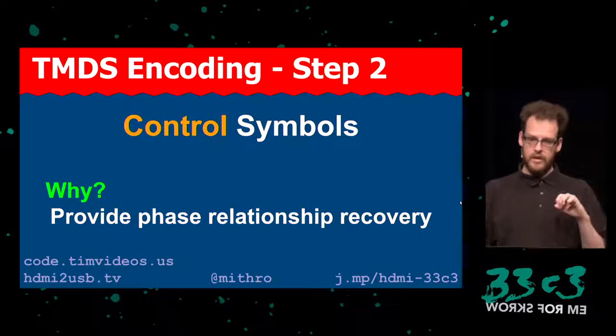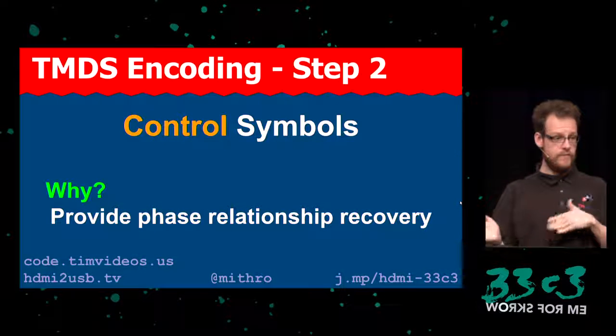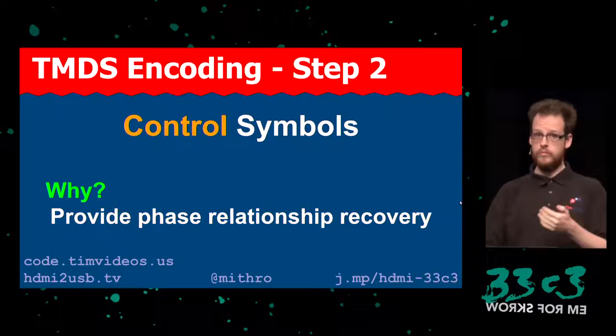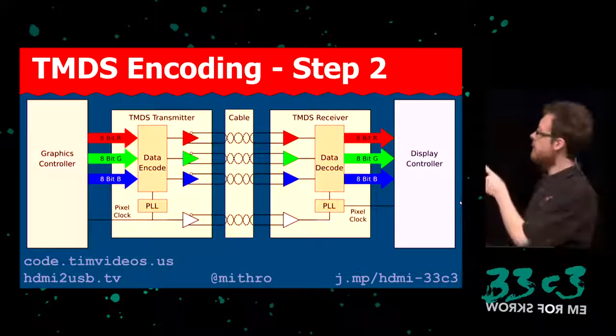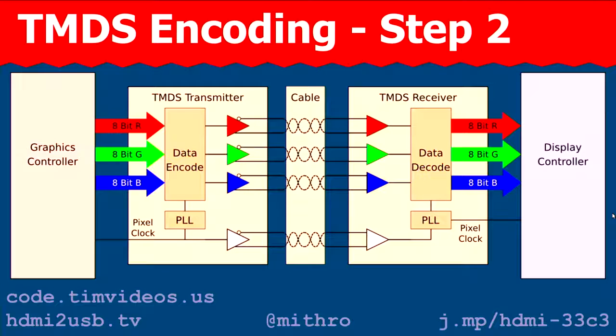This number of transitions is used to understand the phase relationship of the different channels. So if you remember this diagram, we have a cable going between the transmitter and the receiver. These, again, very high-speed signals, and even if the transmitter was transmitting everything at the same time, the cable isn't ideal and might delay some of the symbols, the bits on one channel longer than others.